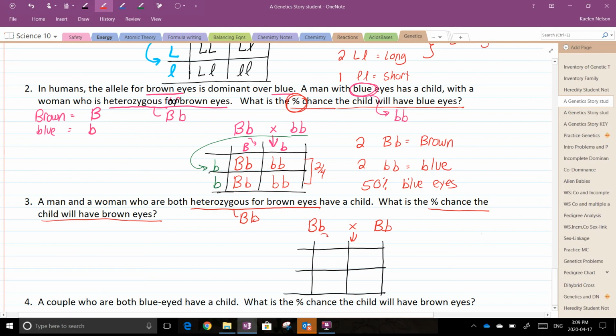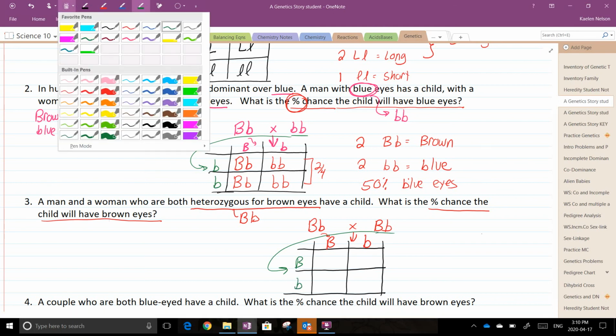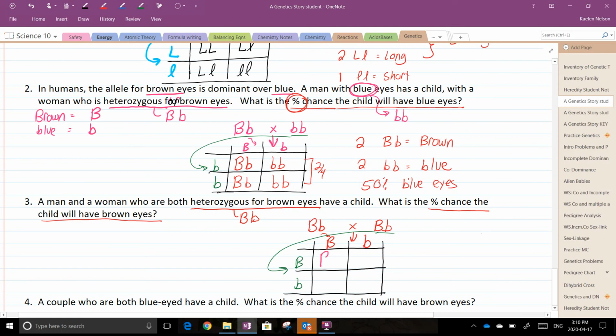And one parent here, opposite parent over there, and I can fill in my offspring. And I'll just put my summary on this side. I got one big B, big B, which was brown.